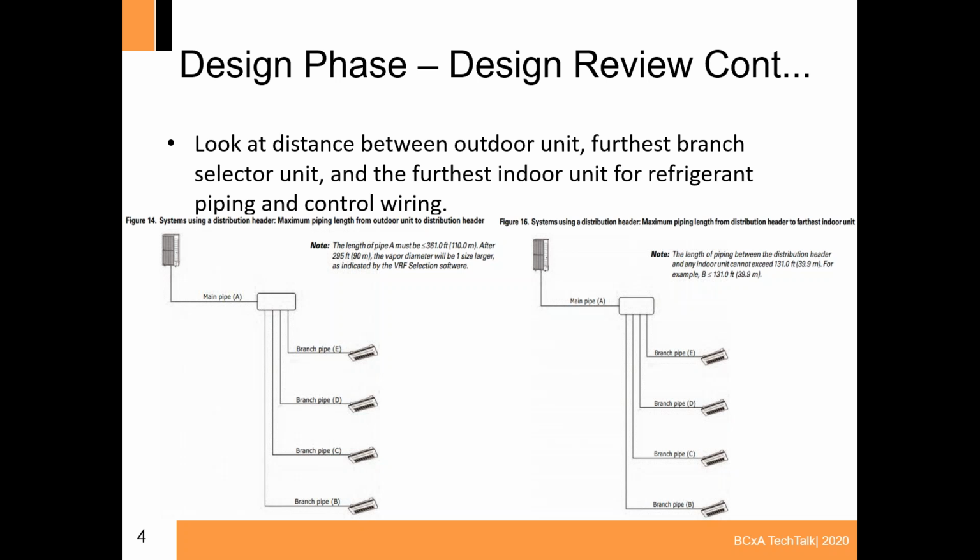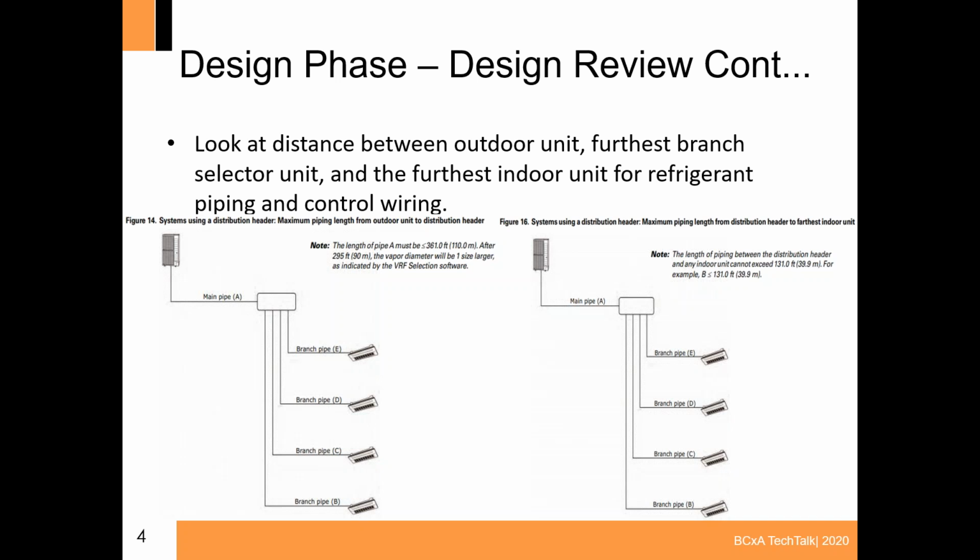They'll have these diagrams, which I've shown an example of 2 of them, showing the distance allowable from the outdoor unit to the branch selector, and then from the branch selector to the furthest indoor unit. You receive drawings typically as PDFs, and there are a lot of software options out there these days. We use Bluebeam or RevView.